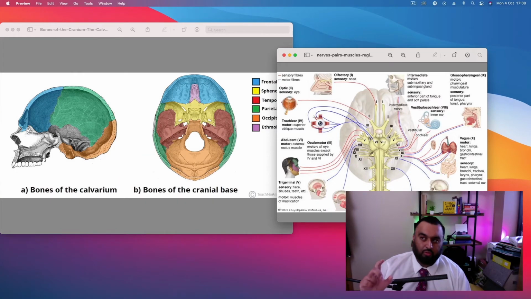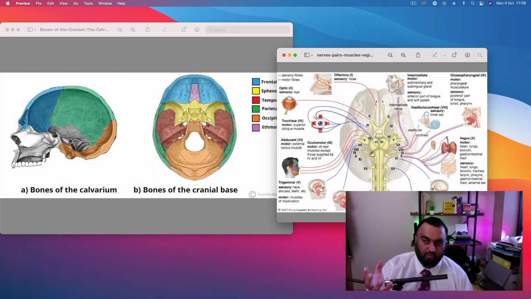So it's very important to remember the muscles that it does innervate. In particular, we're talking about levator palpebrae superioris, the inferior oblique, the superior, medial, and inferior rectus muscles.